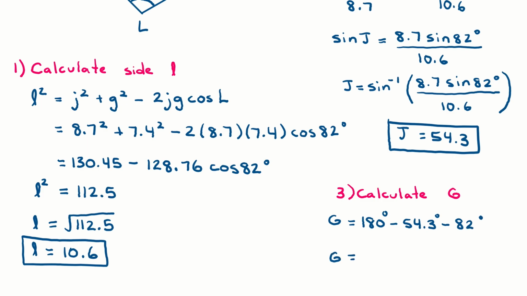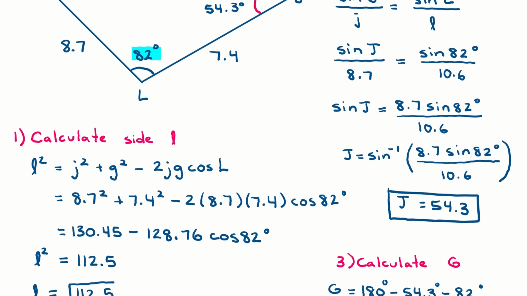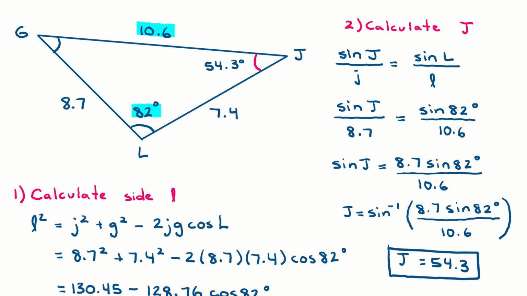That's going to give us G is equal to 43.6 approximately. And we can see when we go and put that back into the triangle, 43.6 right here, we now have all three angles and all three sides, which means we have completely solved this triangle.